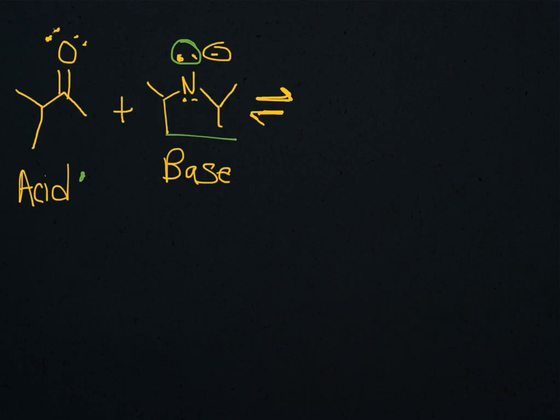But you say, wait a minute, where's the proton? Well, it's understood that we have a carbon in this area, and it's also understood that this carbon is bonded to 3 other hydrogens. So our problem has been solved.